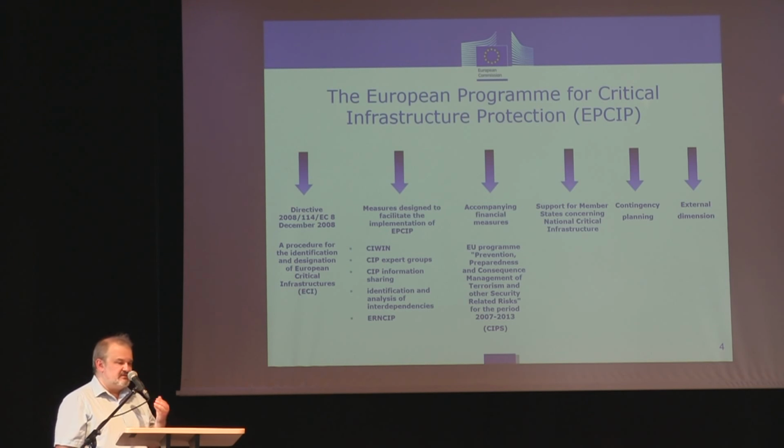There was an idea that there should be an information and warning network via which specialists, administrations and scientists could exchange information about critical infrastructure protection. So that was the creation of the CIWIN network, Critical Infrastructure Warning Information Network, which is operational, but ultimately, once again, because of reservations of member states, the warning element was cut down.